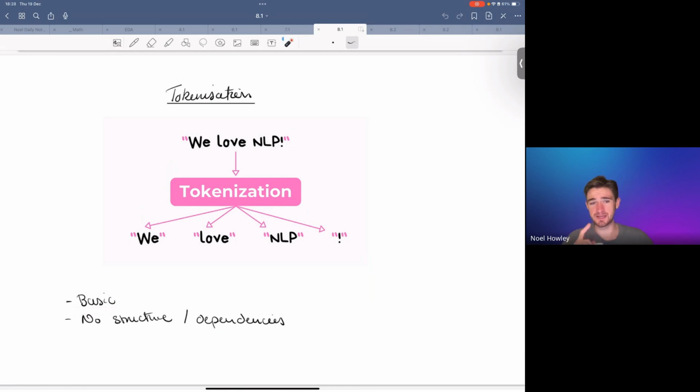And importantly, we don't have any structure or any dependencies on where these words are or how they relate to each other. So there's no further analysis taking place other than just breaking it down into the smaller components. But it's very nice, very cheap. And it can be used in things such as the bag of words model. The bag of words model is generally known as just the frequency.